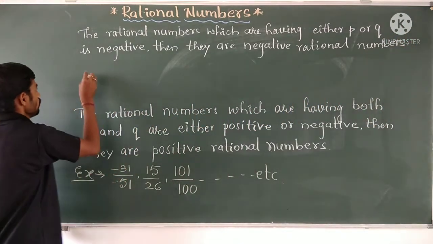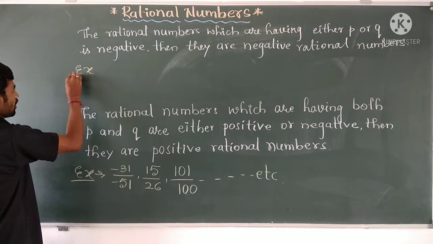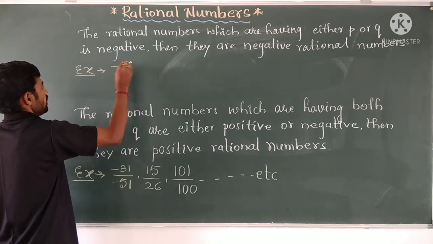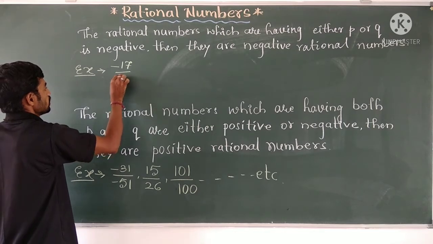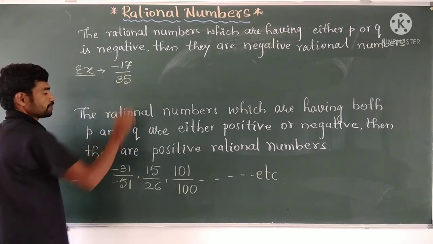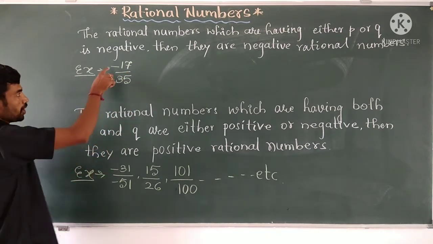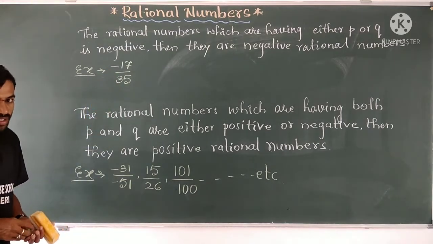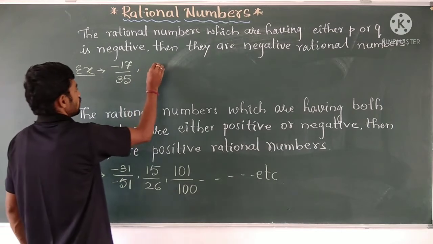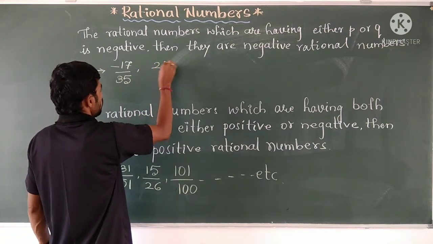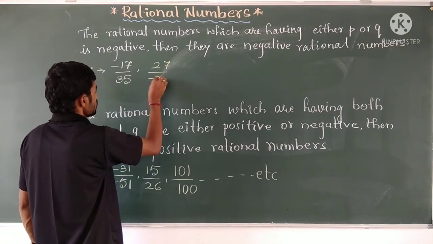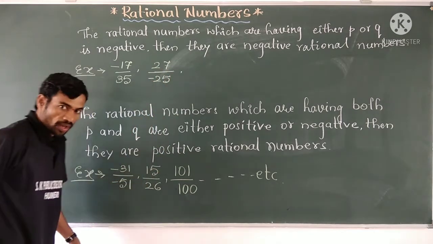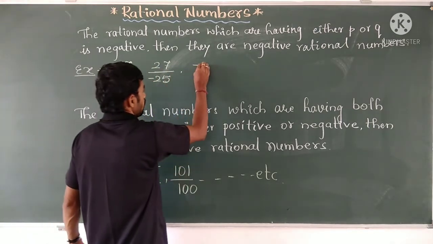Can you give some examples? Yes. Minus 17 by 35. Here only one of P or Q is negative. P is negative, so it is a negative rational number. 27 by minus 25 is also a negative rational number.